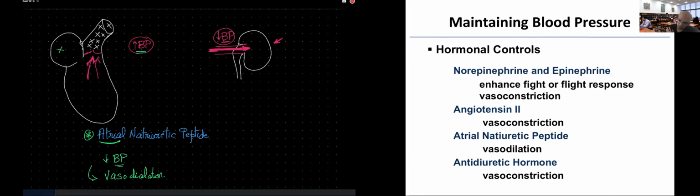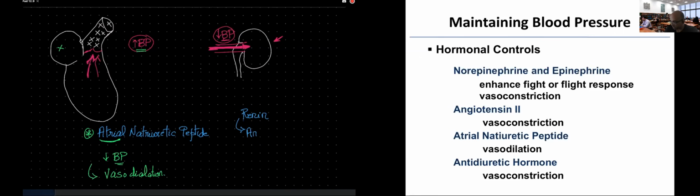If I told you that the kidney here is releasing a hormone called renin, and renin is responsible for activating angiotensinogen first into angiotensin 1, which gets converted later on into angiotensin 2.